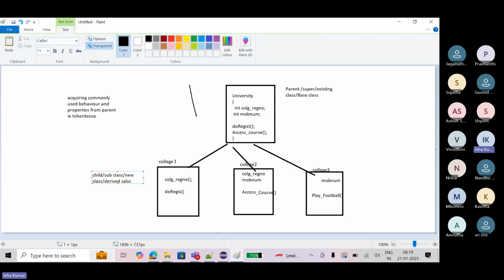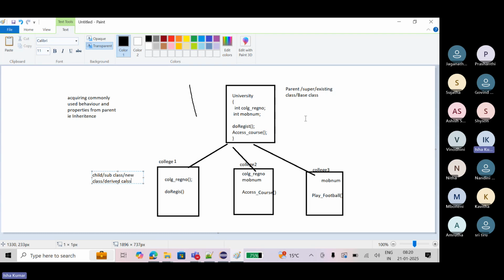So these are the names of child class. In a company, mostly they will use subclass and superclass. Parent class they will call a superclass, child class they will call a subclass. So this subclass, the child class, has the capability to access the properties and behavior of the parent class.